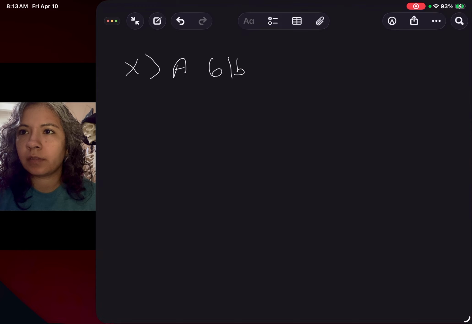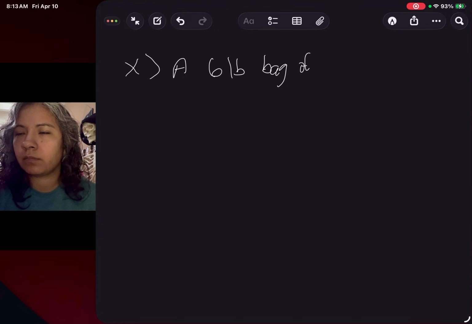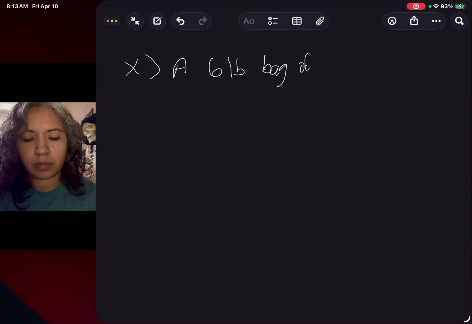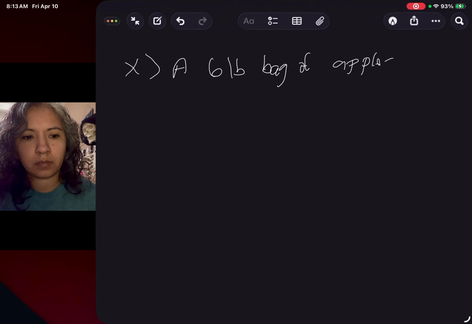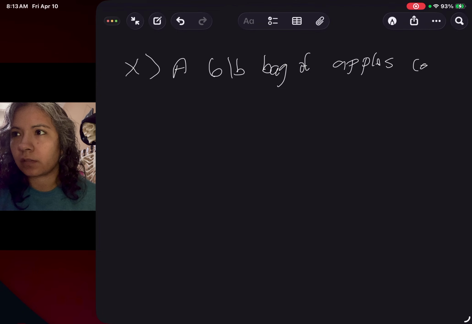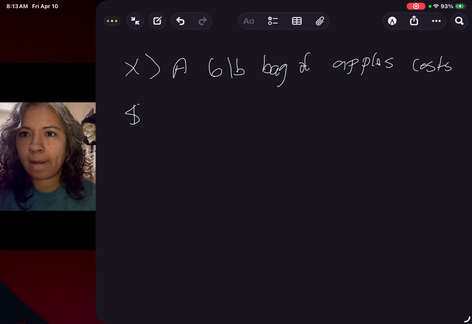Okay, so let's say a 6-pound bag of apples costs $5.32.